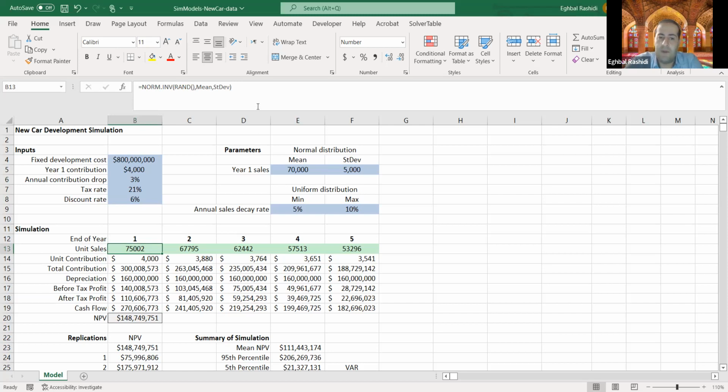So that was a random number. We used the random number to generate that number. And everything else, like the unit cell after year 1, year 2, year 3, 4, 5, and also the total contribution, cash flows, the MPV finally, all depends on this value, okay, which is the first unit cell.